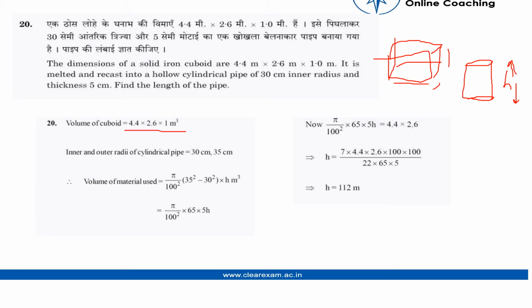Pi is 22 by 7, and 35 square is the inner radius plus 30 is the other radius, and we divide by 100 square because it is given in centimeter, but all these other values are in meter, so we have to convert by dividing by 100. By cross multiplication we get the height, which is 112 meter.